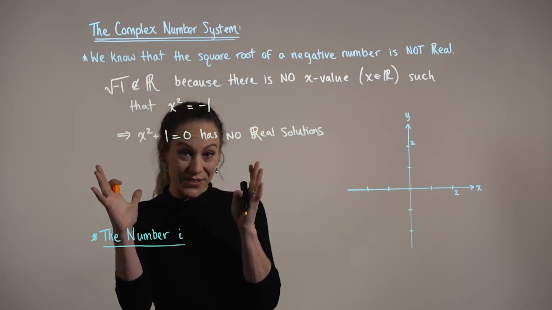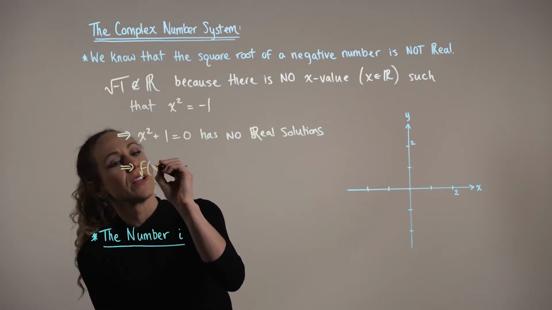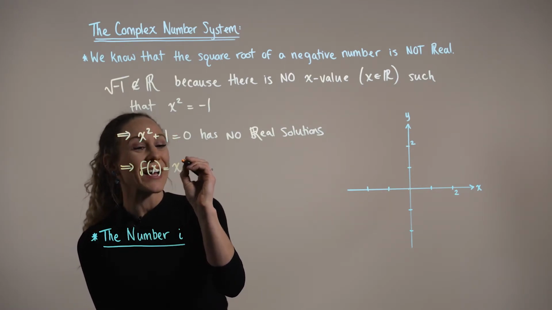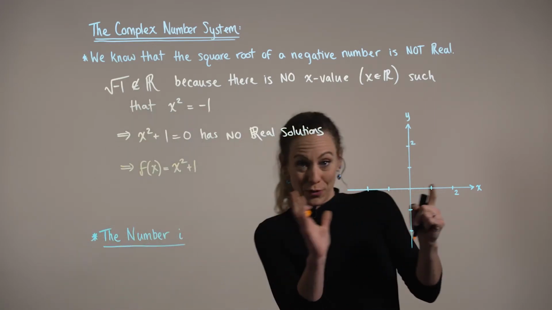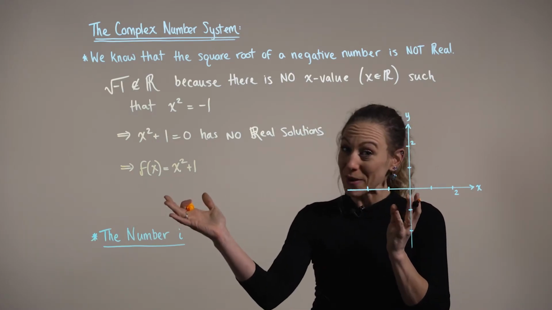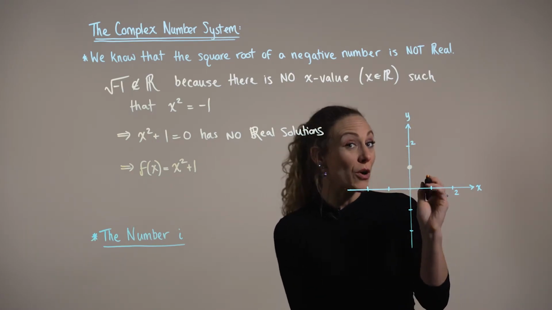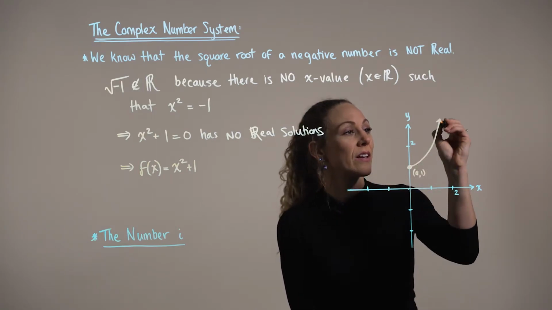Now let's take this equation and put it into its equivalent function form. So we have the function f of x equals x squared plus 1. Jumping over to our coordinate plane, we have the parabola, or squaring function, shifted up 1 unit. So here is our vertex at the ordered pair (0, 1).